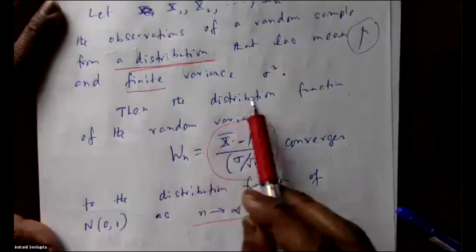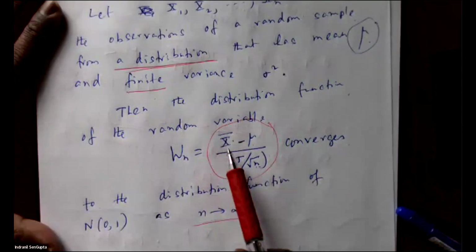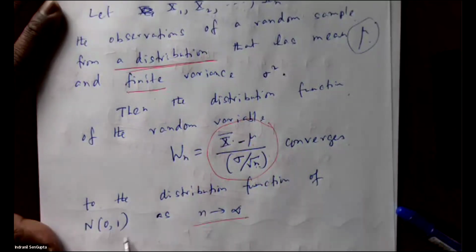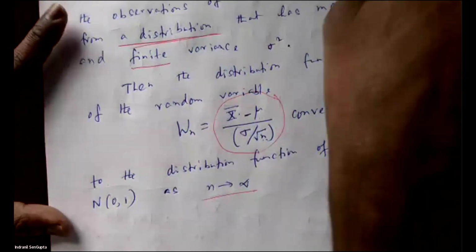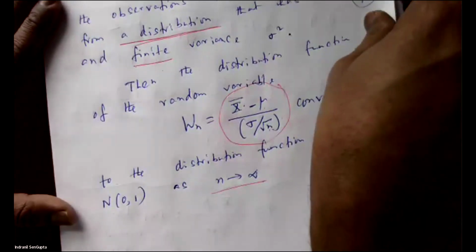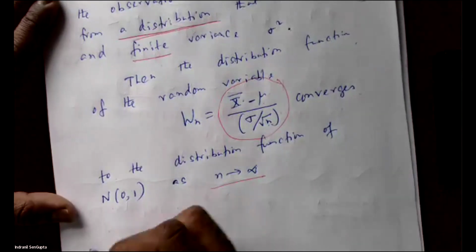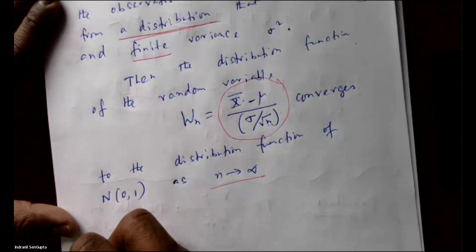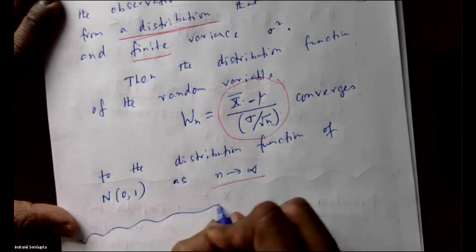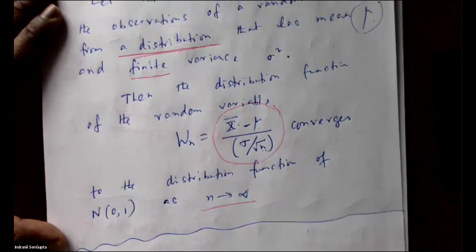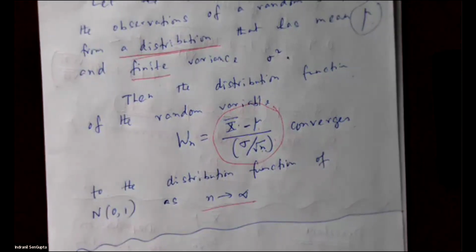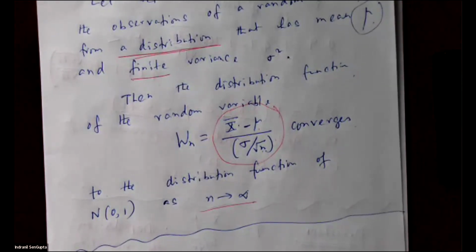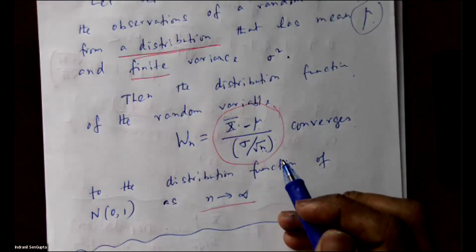So the CDF of this distribution is going to the CDF of the normal distribution. So it's convergence in distribution. Okay, so now how can we implement this result? This is a very nice result, and in the previous course you must have studied the normal distribution in detail. We didn't study the t distribution in that much detail, but we studied the normal distribution in detail, so we should be able to implement it.